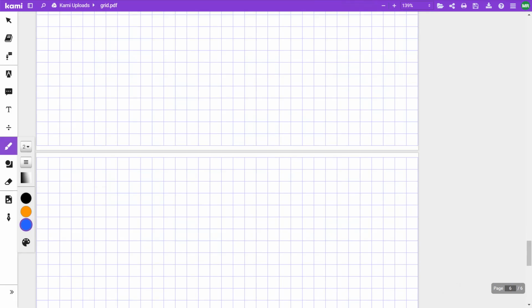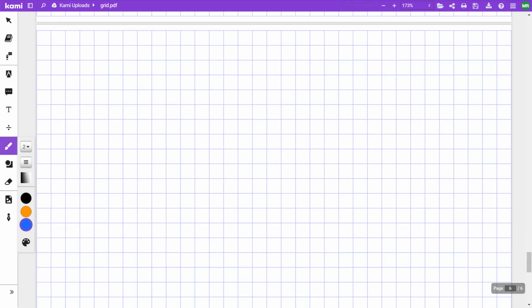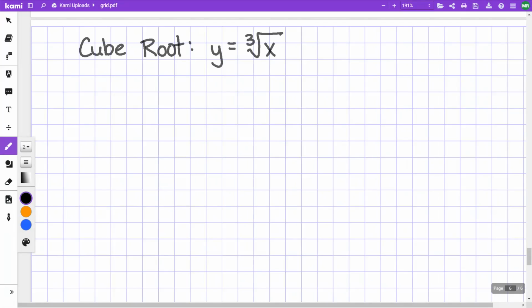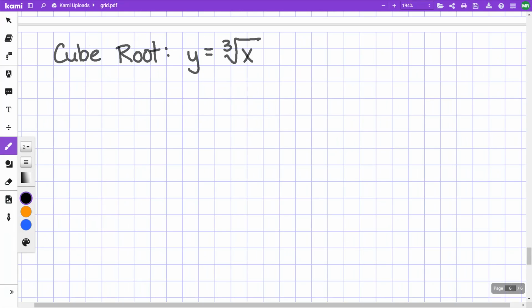Okay, so the last one I want us to write down, we'll start it so we have the spot, is our cube roots. Cube roots, which is y equals the cube root of x. And this one also has an inflection point or a locator point at 0, 0.